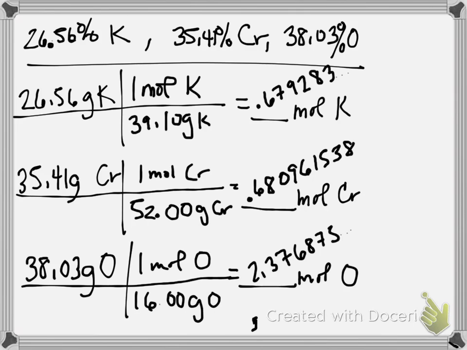If we were doing this real stepwise, we would say our first step is make your magical 100-gram sample. Your second step is to figure out in that 100-gram sample how many moles of each of these things you're dealing with. And your third step is to pick the number of moles that's the smallest. So which one of these has the fewest moles? Potassium. So that's going to essentially be your 1. We're going to gear everything else off of potassium.